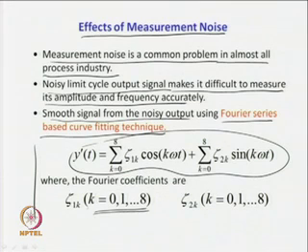Now, when k equal to 0, what will happen? Y prime t will be equal to simply your xi 1 k, and k is 0. So, we will get a constant of the form xi 1 0.